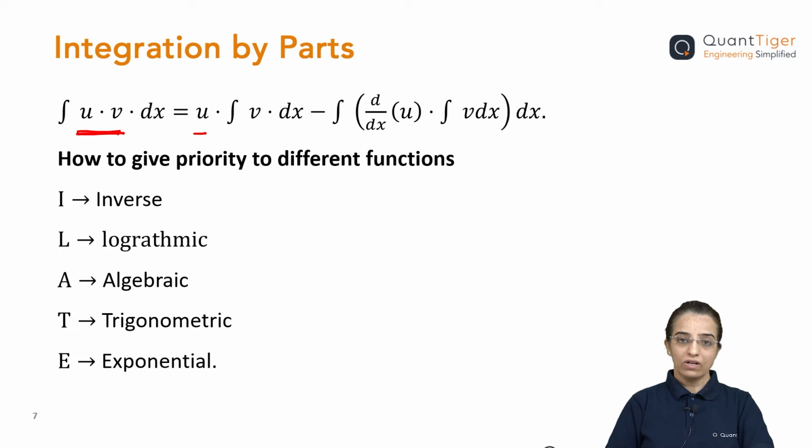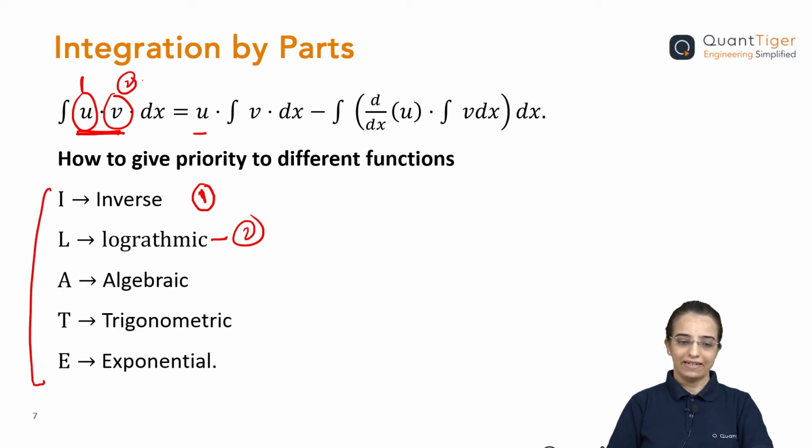They can be any type of functions, but we have to make sure they follow this order. If an inverse function is there, then it should have the high preference, meaning it will come first, and if a logarithmic function is there, then it will come at this position. So we have to make sure that they follow this sequence.